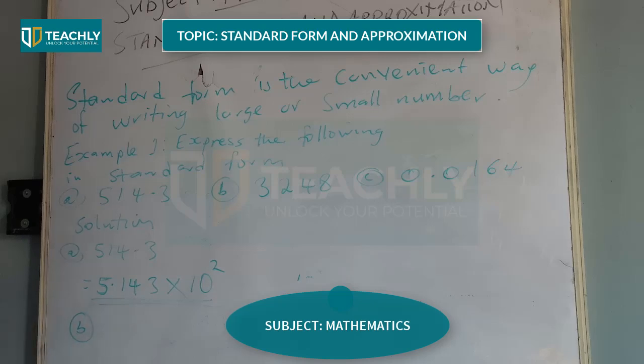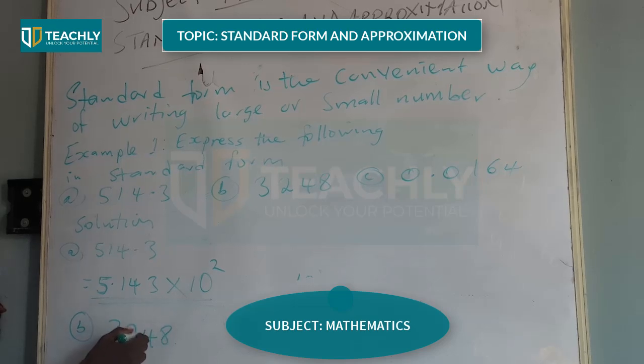Okay, the next one, B. For B, you have 3248, and you are asked to express it in standard form. You assume that the decimal point is at the back of the last number. Then you shift this invisible decimal point to the back of the first number: 1, 2, 3.